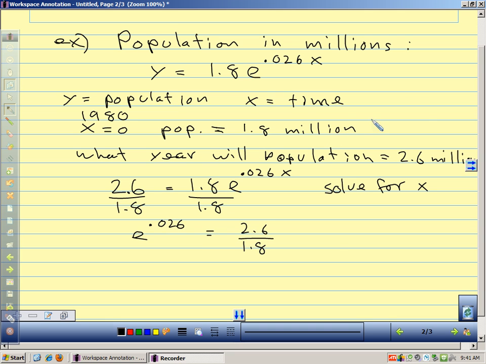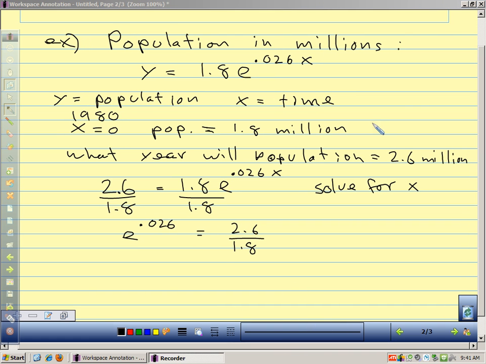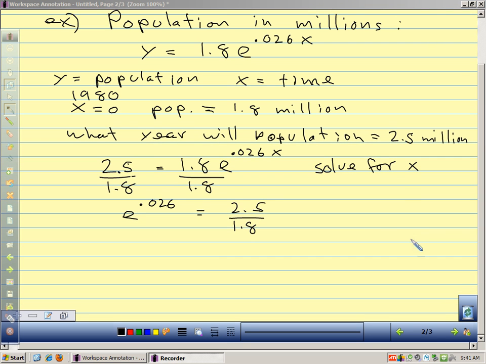And I'm going to change this. I don't want my population to be 2.6 million. I want it to be 2.5 million. Sorry. Why did you change it? Because the example that I did used 2.5, so my answer would have been 2.5. I just miswrote my number.